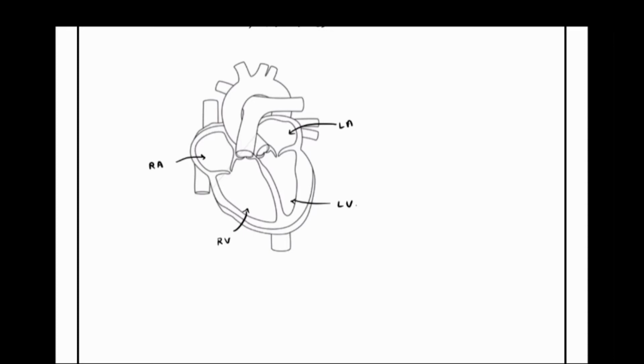The 2 atria, the right and the left atrium, are separated by an interatrial septum that is present in between the 2 atria. So this little patch that you see in the diagram is the interatrial septum.